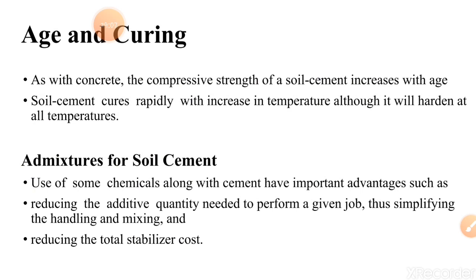By adding the admixtures, we can reduce the quantity of cement to a certain extent, which in turn reduces the cost. Also, we can increase the setting time of the cement, so that we get enough time for the mixing of the cement and soil.